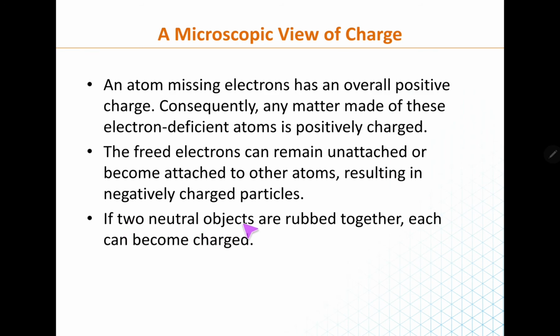If two neutral objects are rubbed together, each can become charged. We know that a neutral object has exactly the same balance of negative charge and positive charge. So if we rub two neutral objects together, each can become charged.